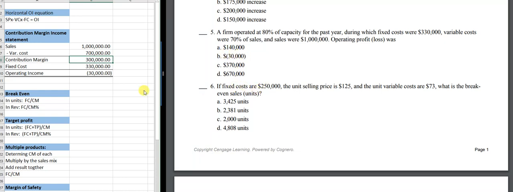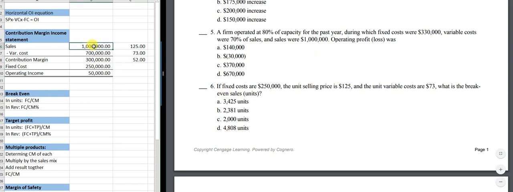Number 6, if fixed costs are 250,000, selling price is 125 and variable costs are 73, I know my contribution margin is 52. What is break-even sales in units?